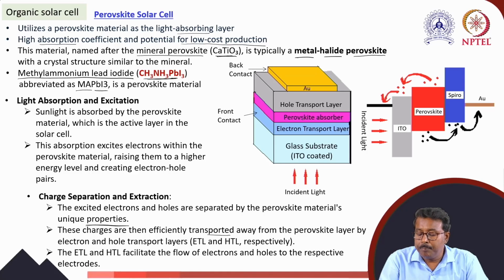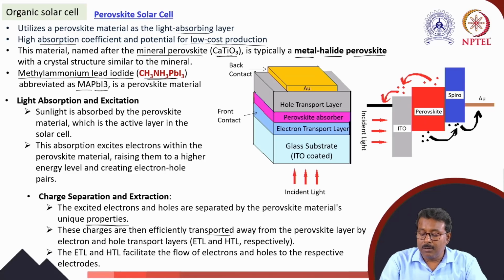So the choice of thickness is important, and the choice of electron and hole transport layers is also important, because they should not face any barrier. Otherwise, electrons cannot flow in this direction due to the barrier present here, and holes also cannot move towards the ITO side due to the barrier at this interface between perovskite and ITO.